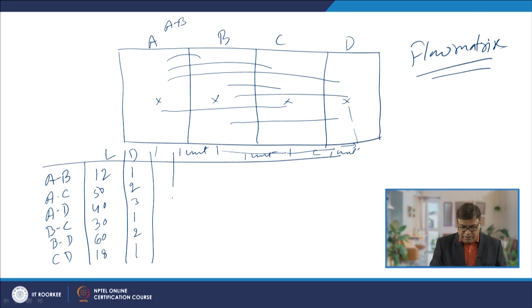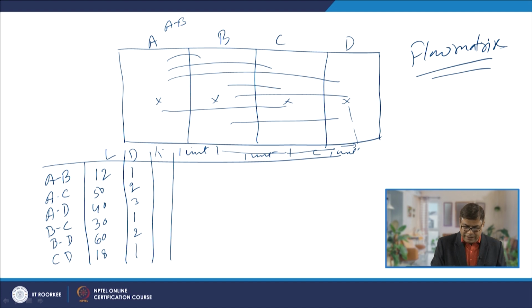And say the cost on account of the distance to be travelled per unit length is C or K, we can write anything.